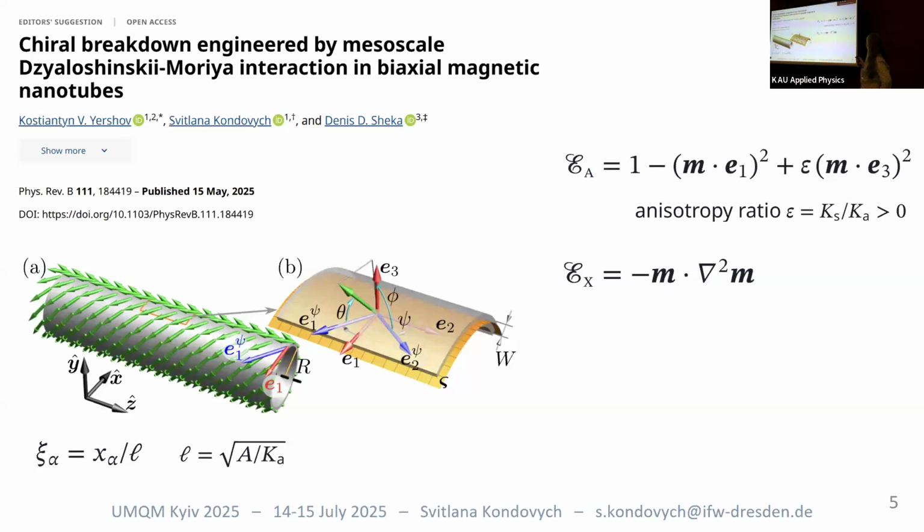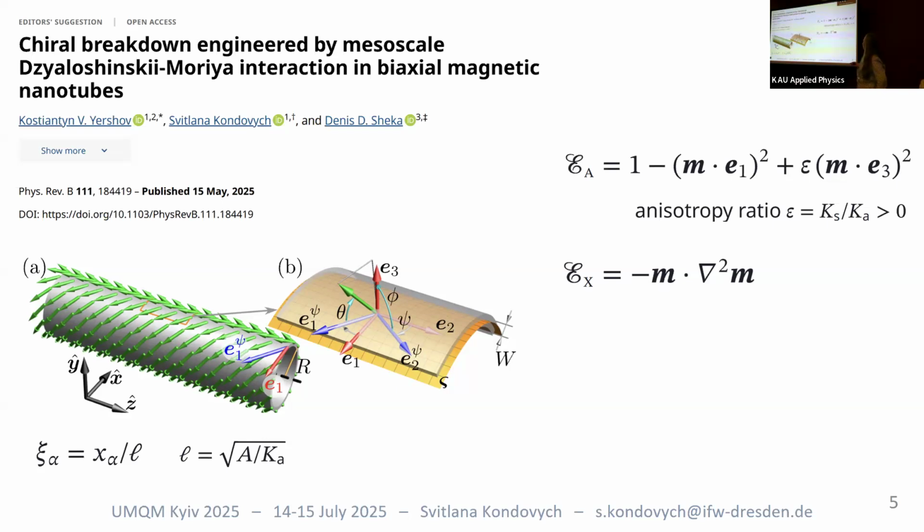So you see this biaxial anisotropy is characterized by the anisotropy ratio, which includes easy surface anisotropy and easy axis anisotropy tangential to the nanotube's surface. So the ground state of such a system would be the vortex state of magnetization, tangential to the surface.